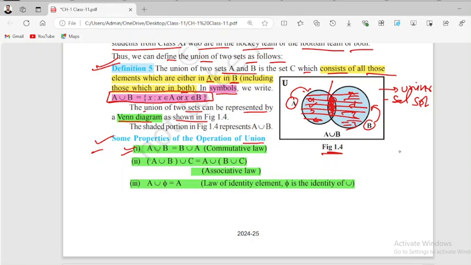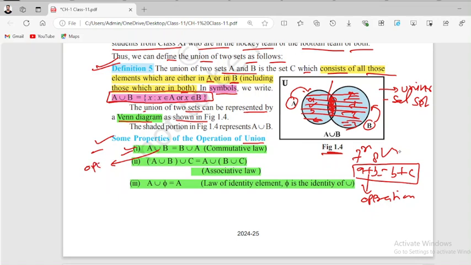In 7th and 8th class we also discussed a plus b is equal to b plus a, so basically we discussed the commutative law, same as here. That is an operation with two numbers, and here it is an operation with two sets. So A union B is equal to B union A.